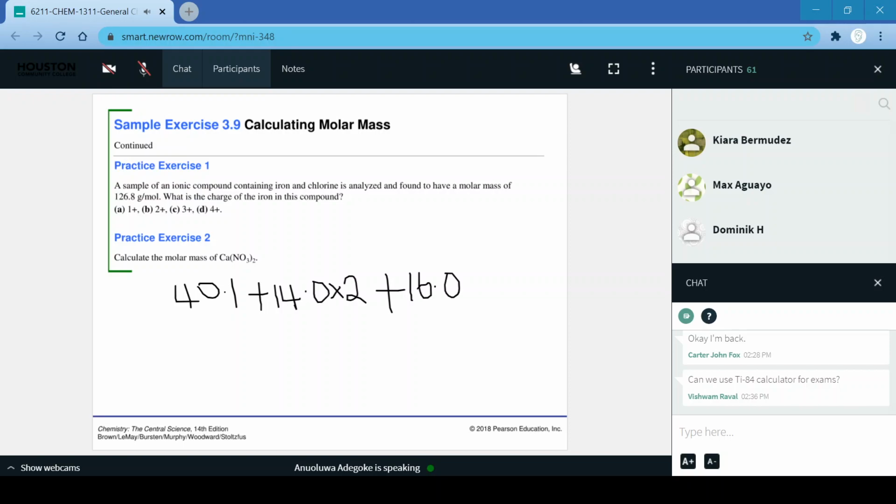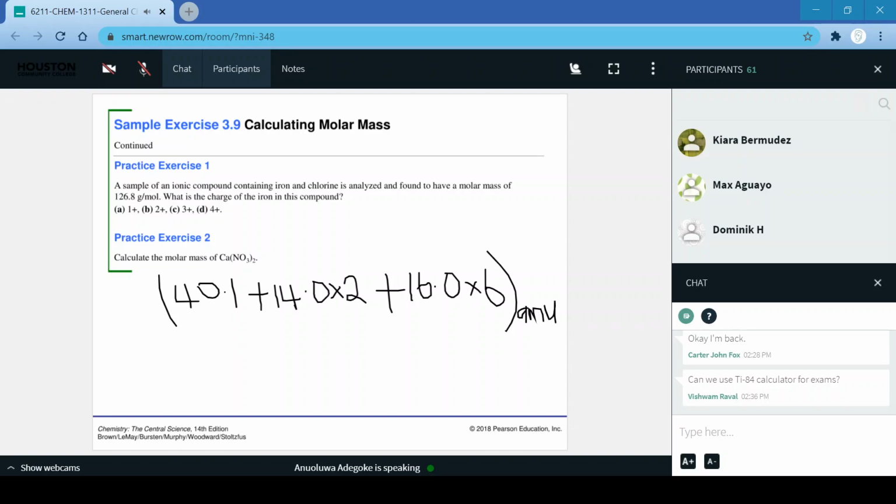Whenever you have things like this in the parentheses, the 3 is multiplied by the 2, so we multiply this by 6. Everything should be in atomic mass units, AMU. We leave our final answer in 1 decimal place.